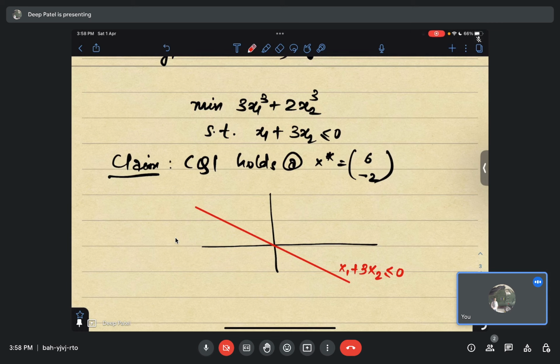I hope I'm right. It's basically saying y equals minus 1 by 3 x. So how do we go about this?